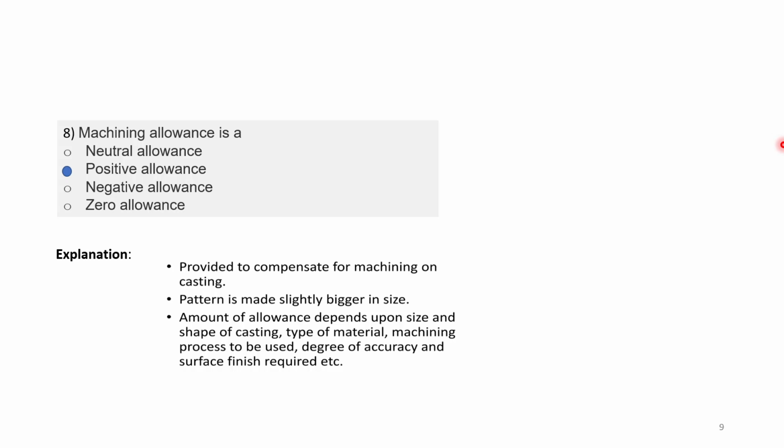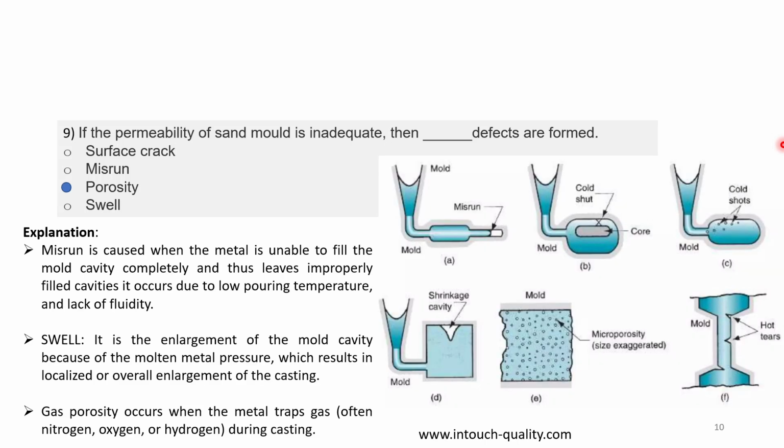When you have to add extra material to your pattern, it is a positive type of allowance. So machining allowance will be positive and shrinkage allowance will also be positive, and the allowance which is negative is the shake allowance. It is provided to compensate for machining on the casting.